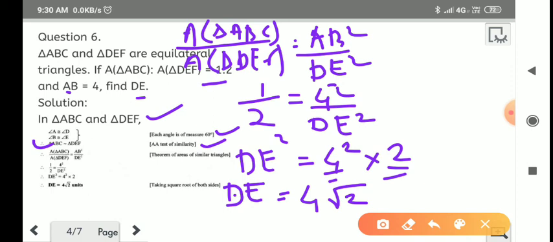So the answer is 4 root 2. Unit is not given, so we can write simply unit. DE is equal to 4 root 2 unit. So this is the answer of this question.